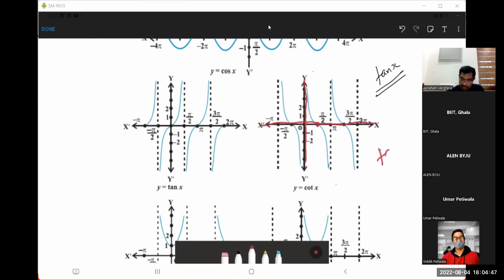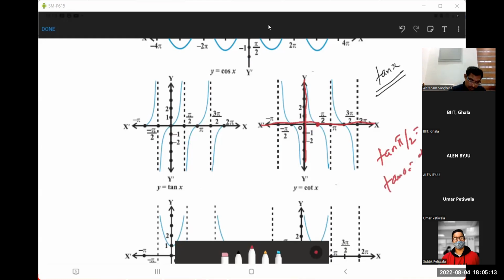Tan pi by 2 will be, you know that one. Tan pi by 2 means sin pi by 2 by cos pi by 2. Right? Therefore, the graph will be here, this one. So, tan pi by 2 will be infinity and tan 0 will be 0.